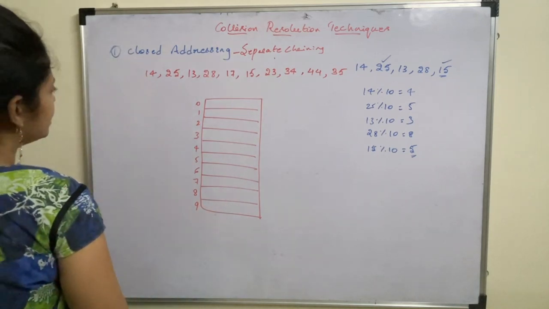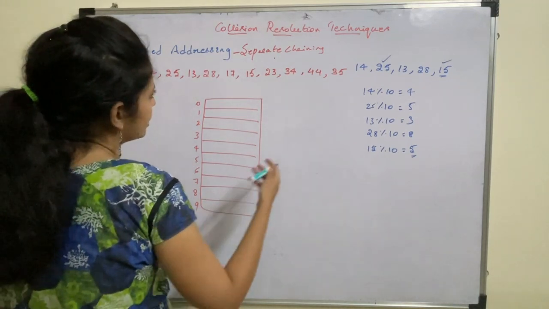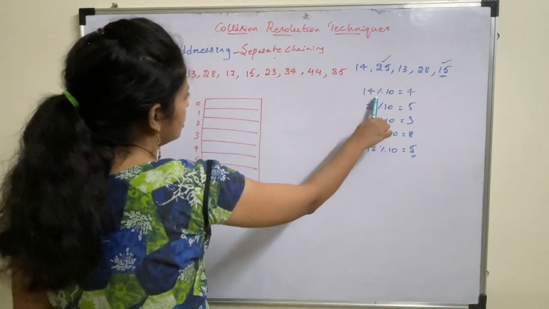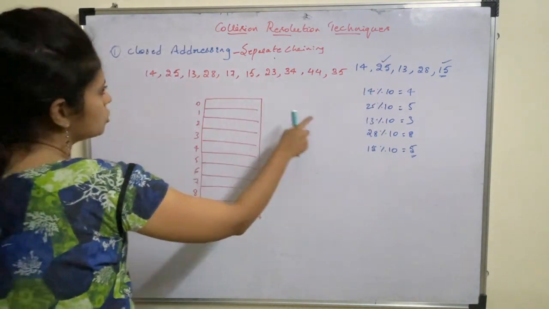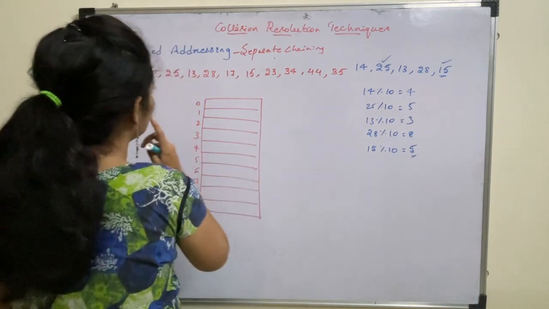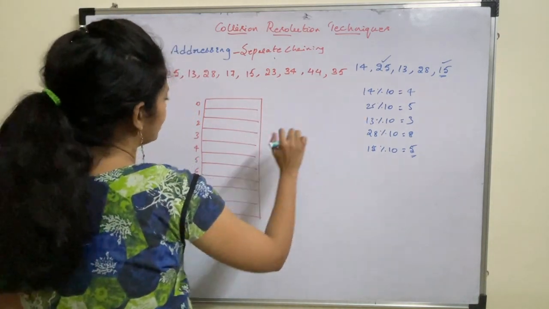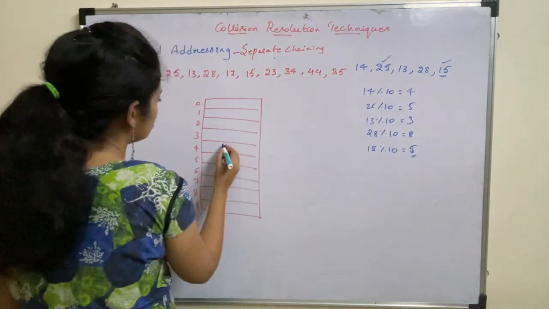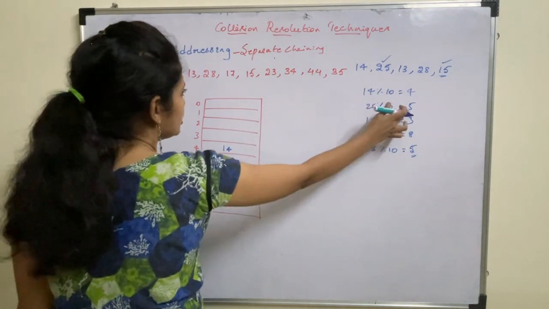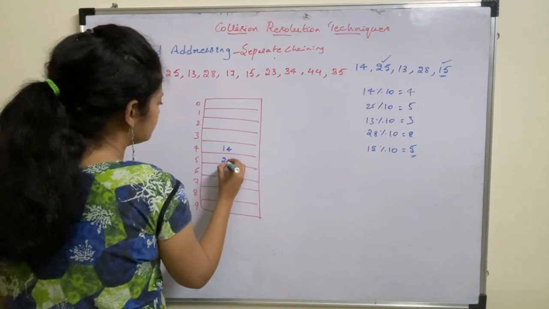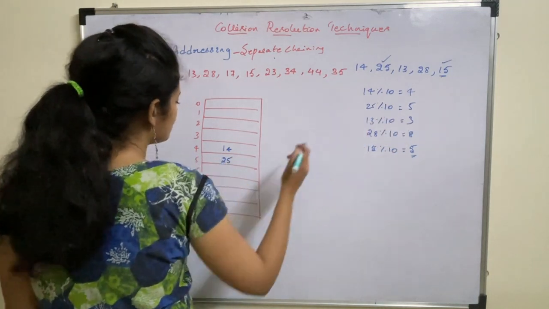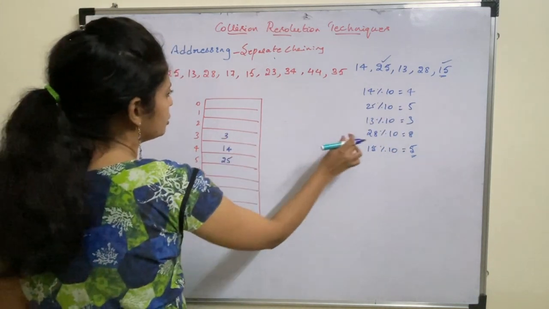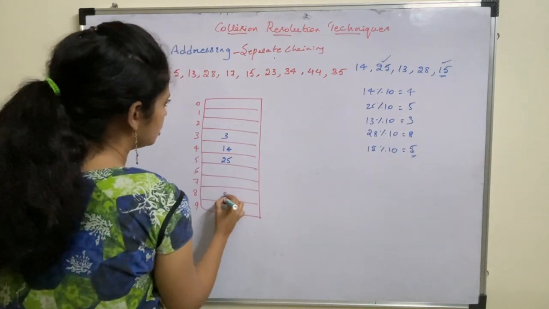Now, using the division method, calculate the index values. So we already calculated till 15. So 14 should be inserted at location 4, 25 at location 5, 13 at location 3, 28 at location 8.